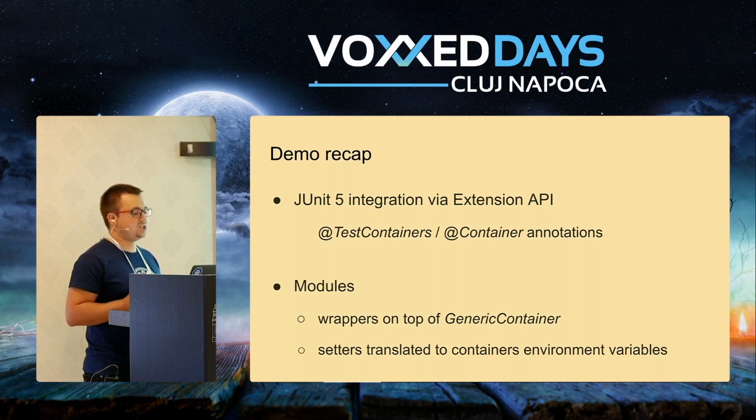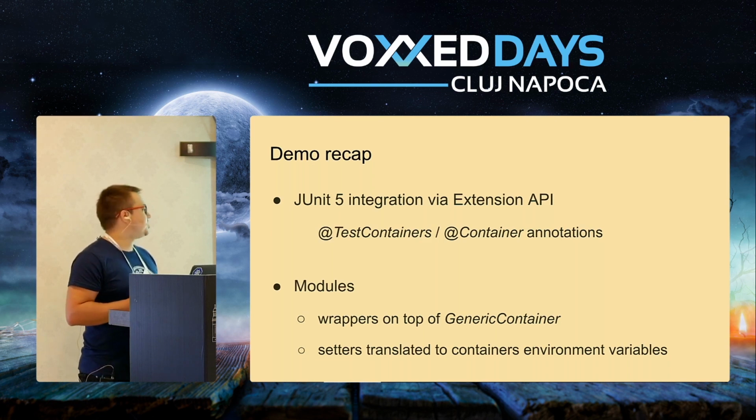But this integration is completely optional. It doesn't force you to use only JUnit 5. You just don't have the magic with those annotations, and then you have to run your containers manually with GenericContainer or PostgreSQLContainer. You can use it with JUnit 4 and so on.